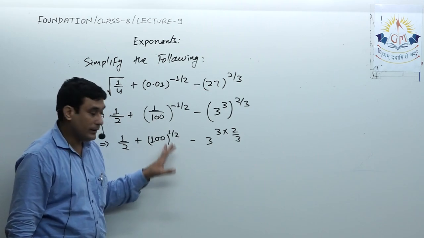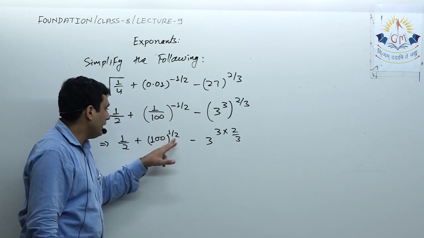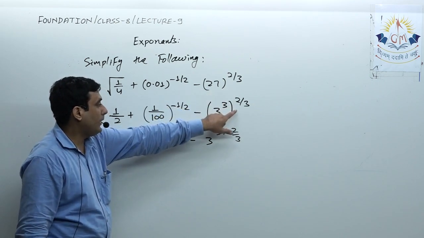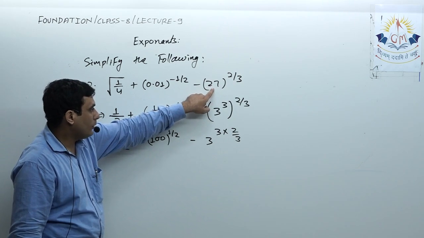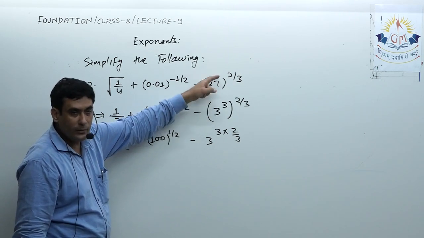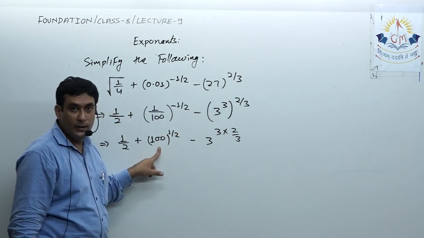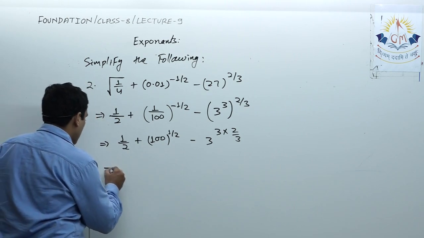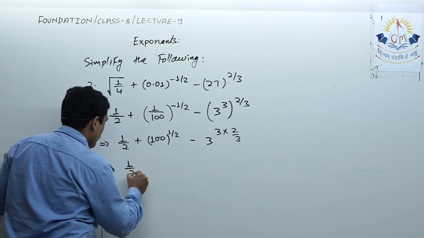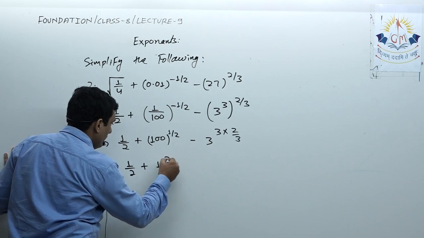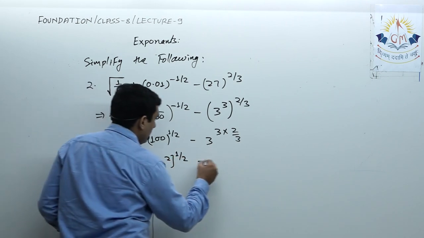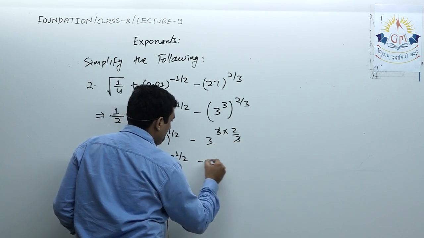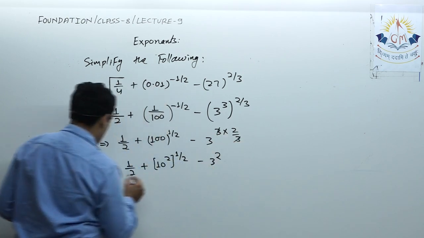I can write directly. Or another way, as I explained, it is upon 3, so it was possible to write this as something raised to 3. Similarly here 100 can be written as 10 raised to 2 and raised to 1 by 2 as it is, minus 3 and 3 cancel, so 3 square.